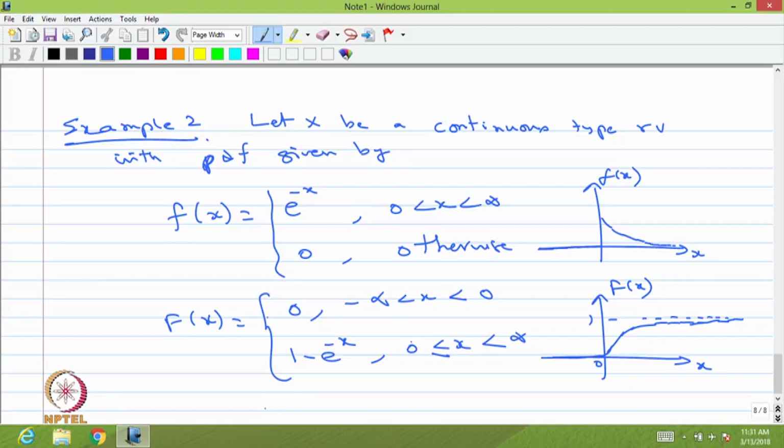This is the CDF of a continuous type random variable. So, from the CDF you can always get the probability density function of a continuous type random variable, and from the probability density function one can get the CDF of the continuous type random variable.